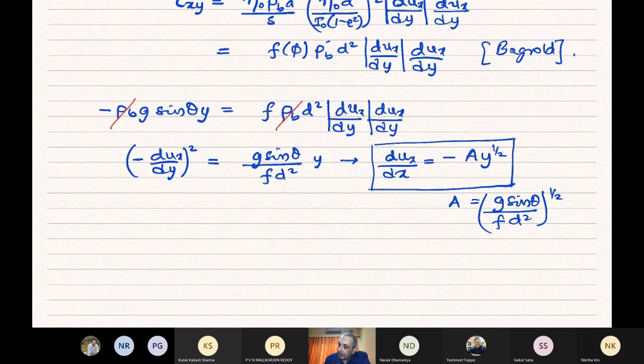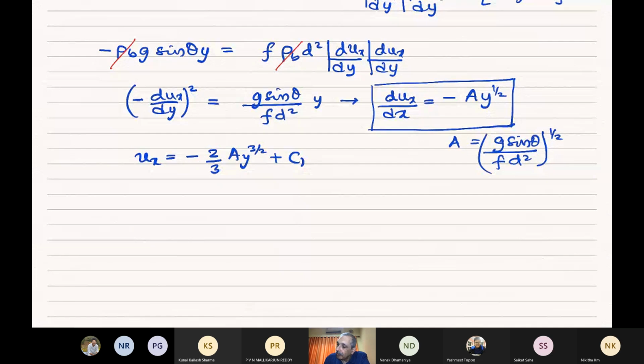So if we integrate this, we'll get ux is just equal to minus 2/3 a into y raised to the power of 3 by 2 plus c1.